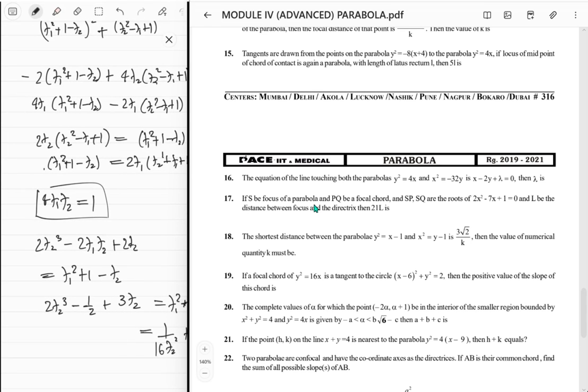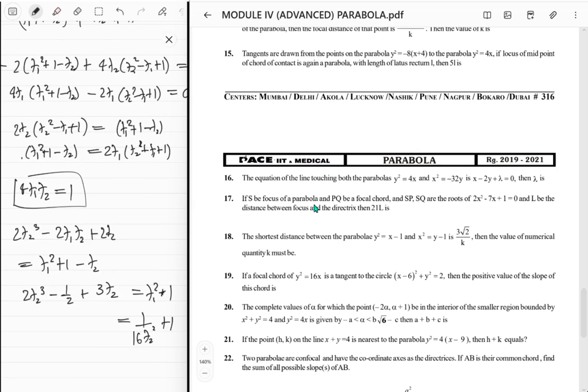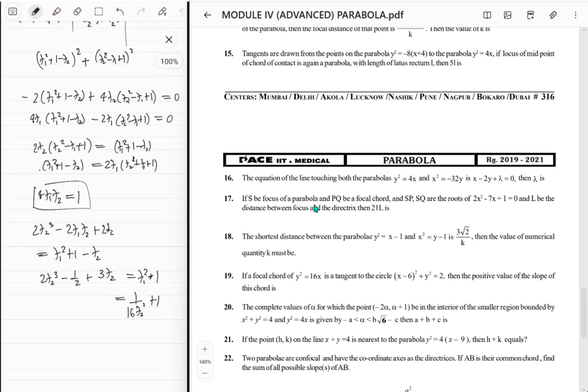How can we proceed further? I don't know. We should just leave this because it's a fifth degree equation. There's no way we can actually solve this, can we? Let's just guess something.